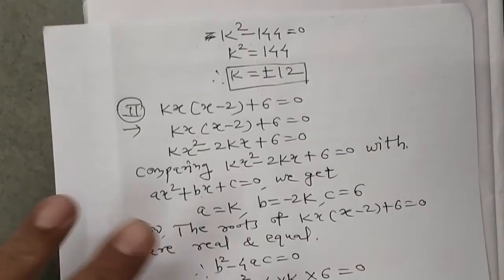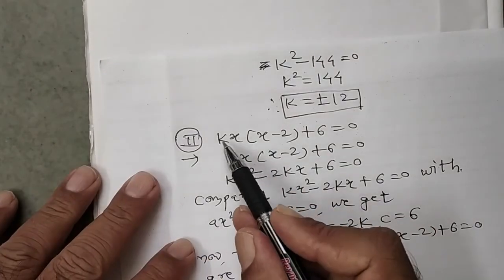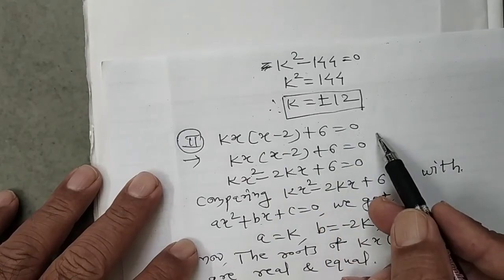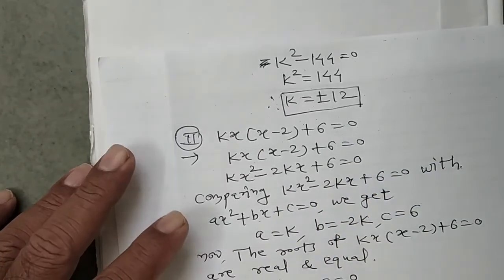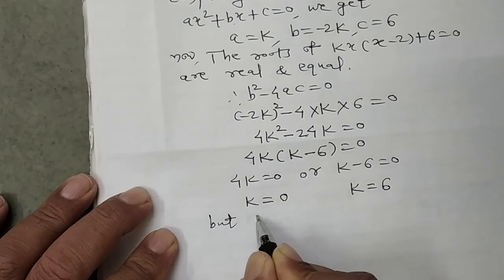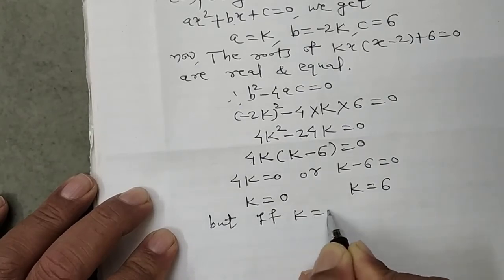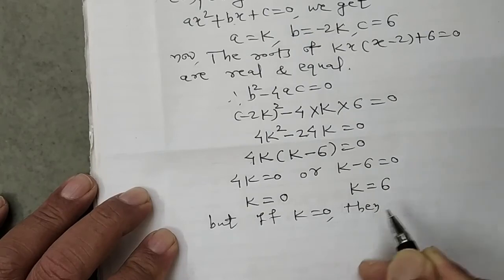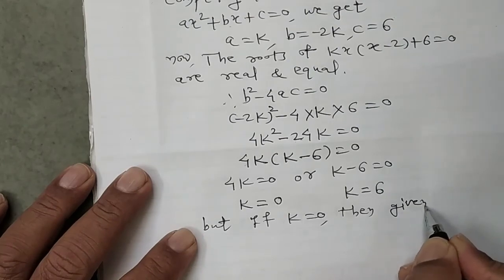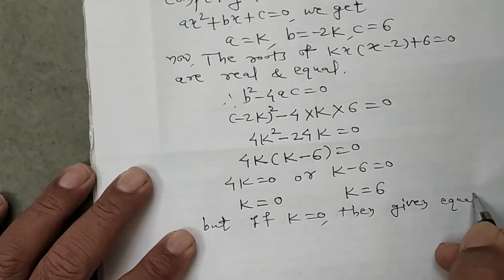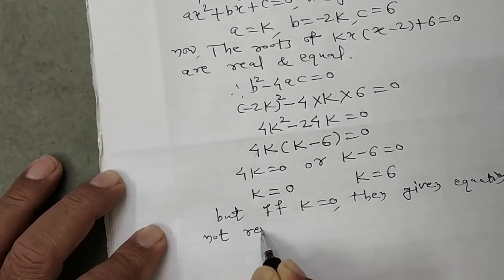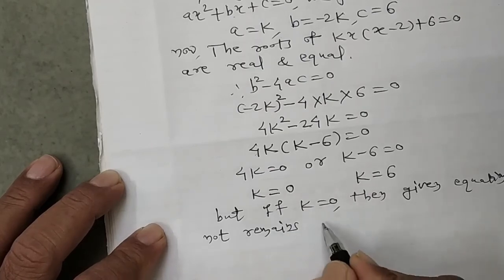Now in this equation, if the value of k is 0, then all these terms become 0, that is, remaining is 6 is equal to 0. This is not a quadratic equation. Therefore write down here: but if k is equal to 0, then the given equation does not remain a quadratic equation.